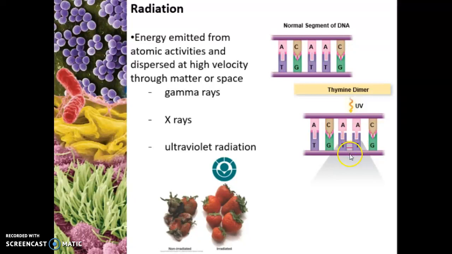And that messes up the machinery, the cellular machinery of the cell when this piece of DNA goes to be replicated. And so once it gets to this spot here with the thymine dimers, the machinery doesn't know how to read that. And so it can often just add random nucleotides into it.